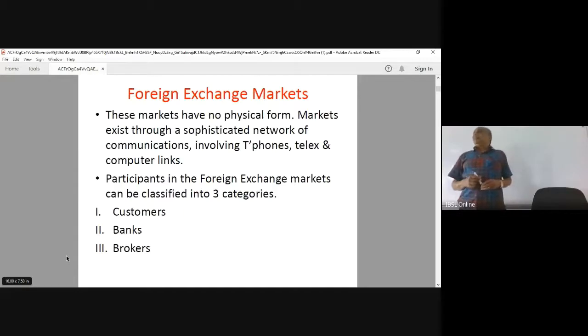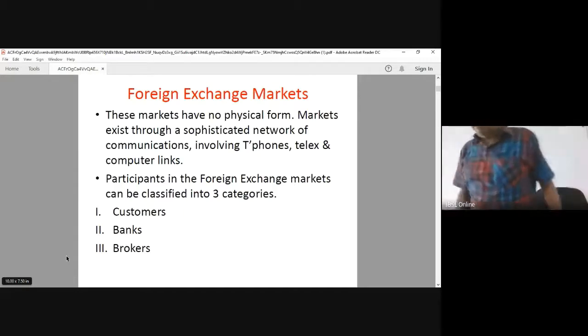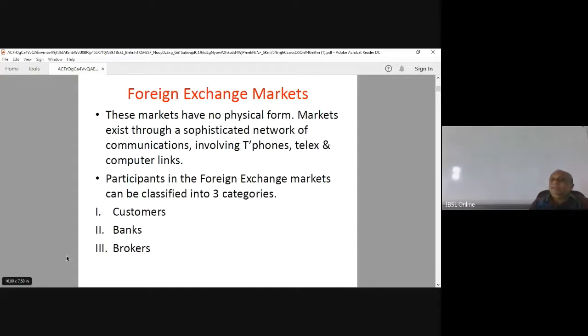But when Mr. Jayewardene introduced the open economy and free economy in 1977, a lot of transactions started rolling through. Then the banks couldn't cope with it. So to help the banks, the brokering firms came up.